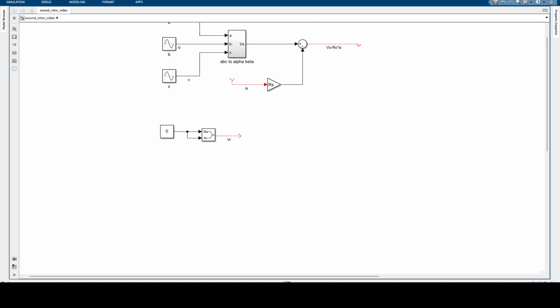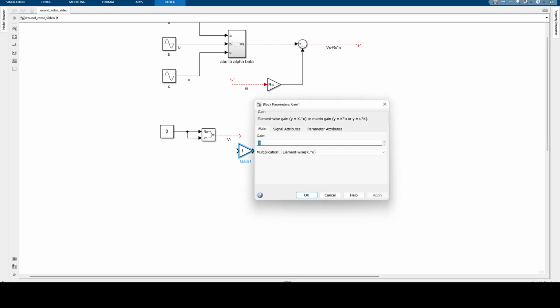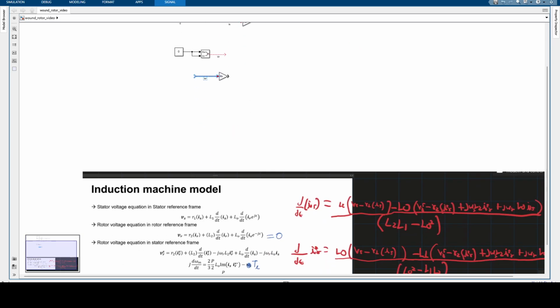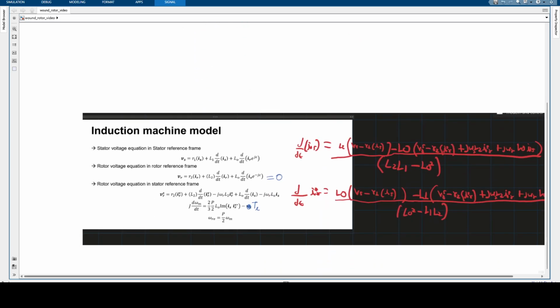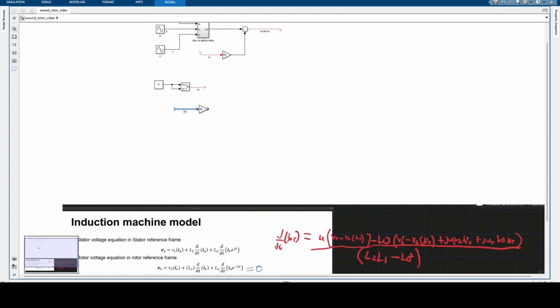So here we are going to have our gain of R, and here we are going to have our ISR. Okay, and now we need J omega R L naught ISR.